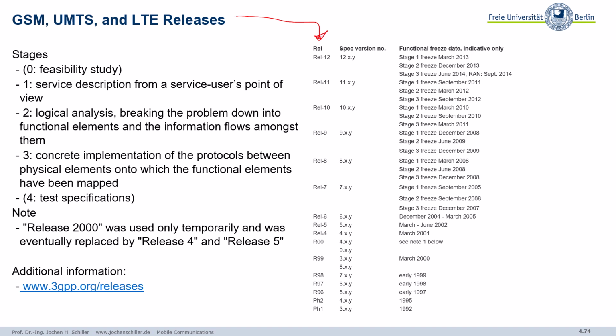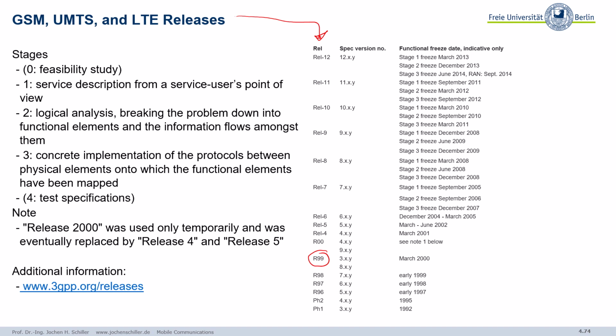Here just a snapshot: Release 12, 11, today we have 14, 15, 16, 17, etc. The releases basically tell you, okay, now we have new features, really new features in the systems. And you see releases going down to Release 4. Before that, we had something like Release 99.